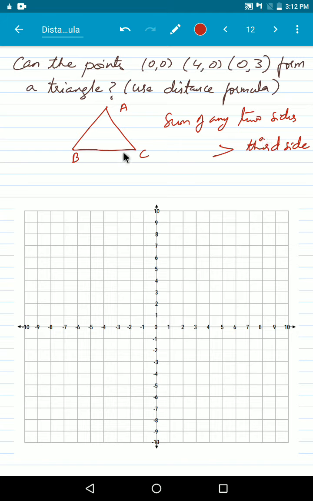You take any two sides: AB plus BC should be greater than AC. AB plus AC should be greater than BC. And BC plus AC should be greater than AB.